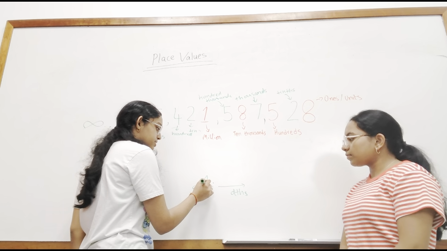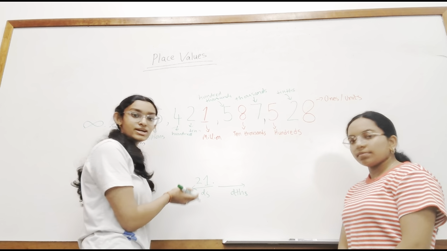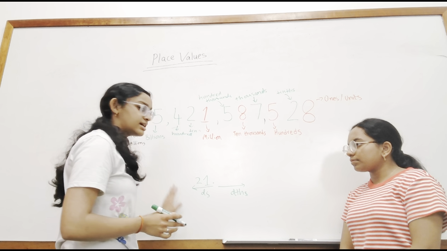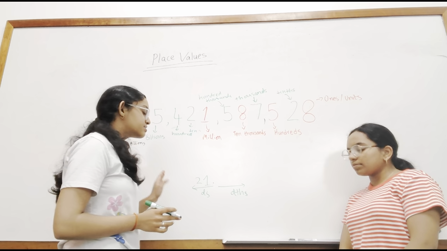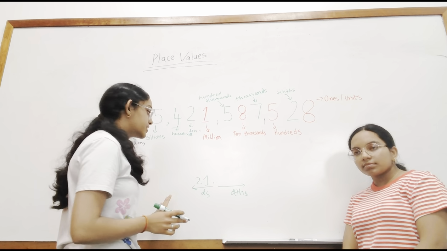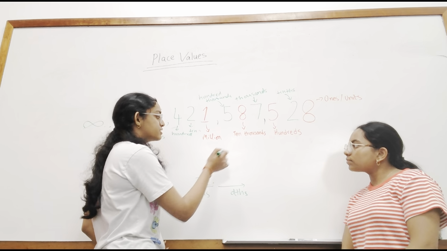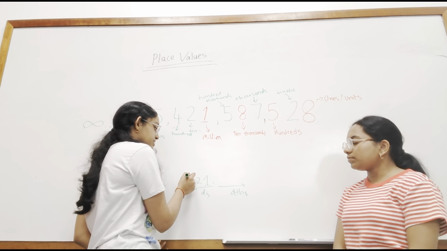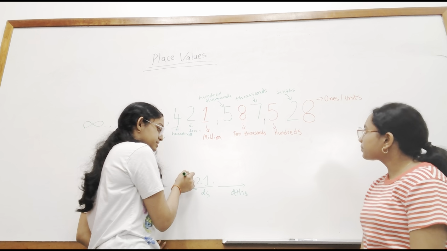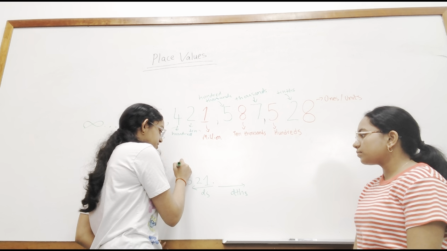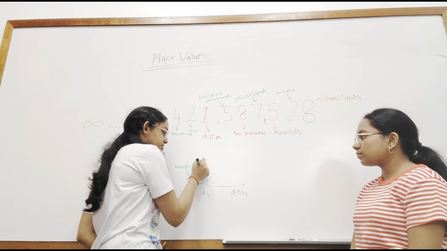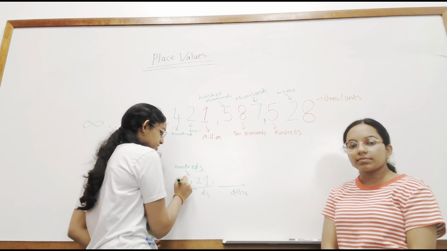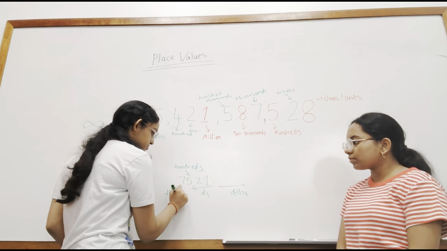So let's go by 1, 2, so 21, right? If it is to the left side of the decimal point, it is a whole number, okay? And as we learned here, this is the ones or units place, and this is the tens place. And then there's a hundreds place. What I mean is every time you write one of these, you're gonna say hundreds, and then thousands, and so on.